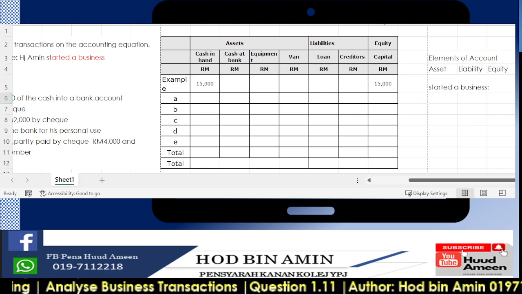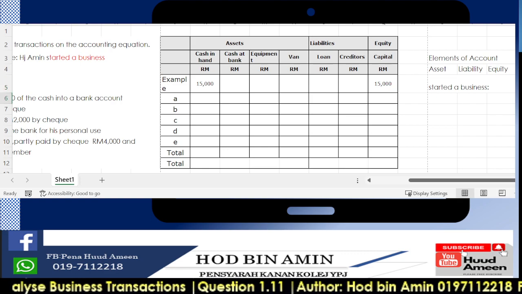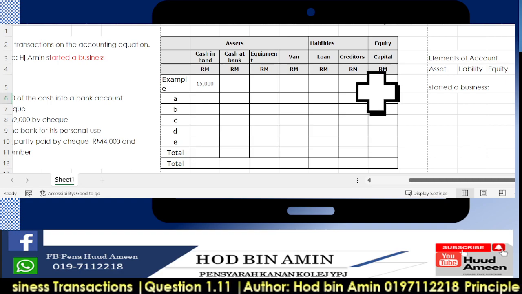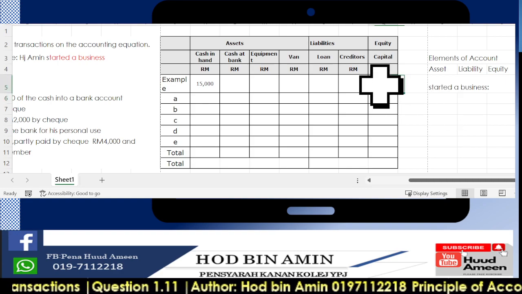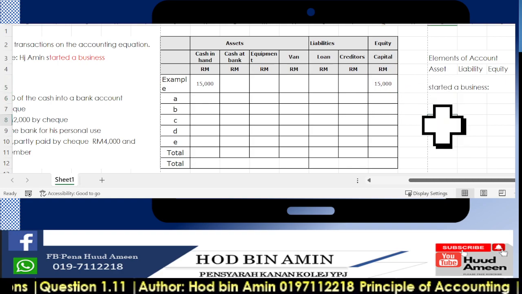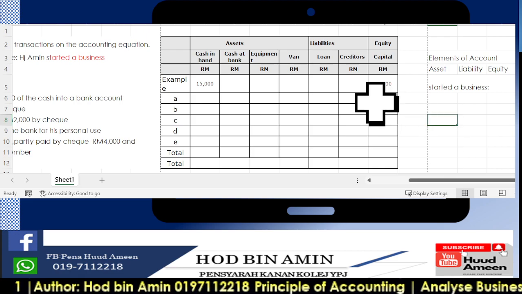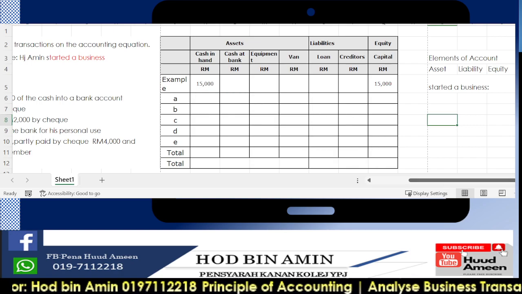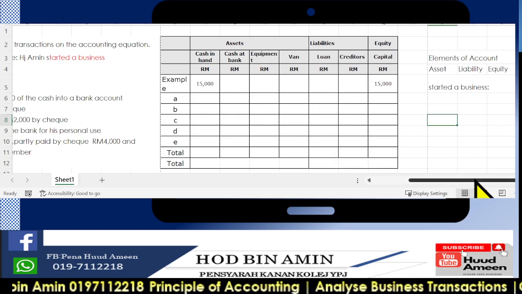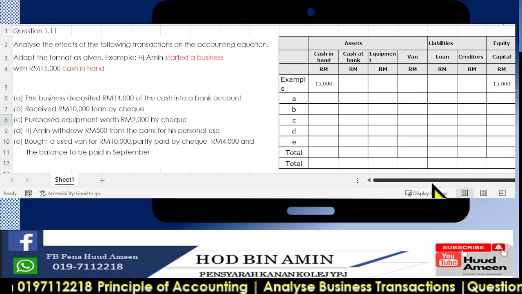So for this purpose, our equity from zero then is increased. So when it increases, you may just leave it at 50,000. And cash in hand, our cash in hand on the business is increased by 15,000.